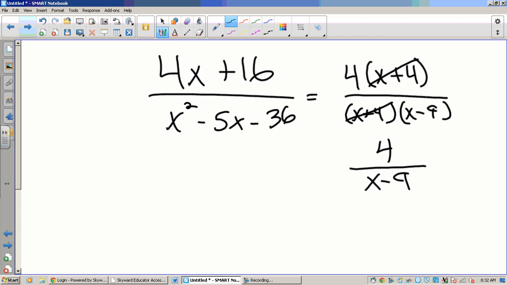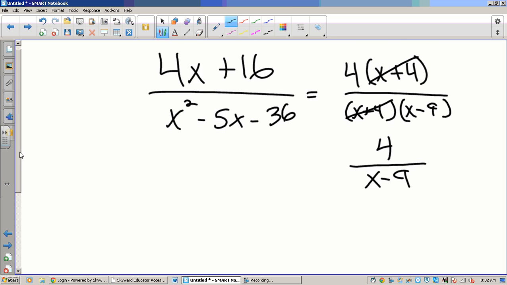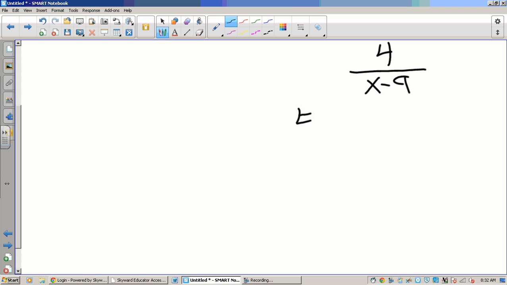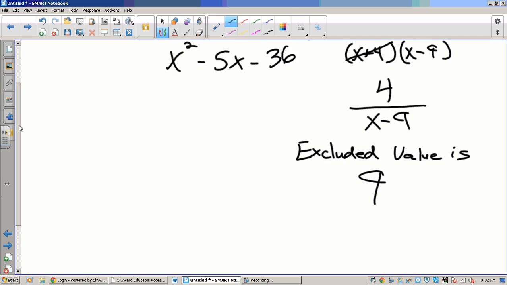Brendan? Find the excluded value. Okay? You just have to figure out what makes it that it's not true. Excluded value is 9. That's the excluded value from this problem.